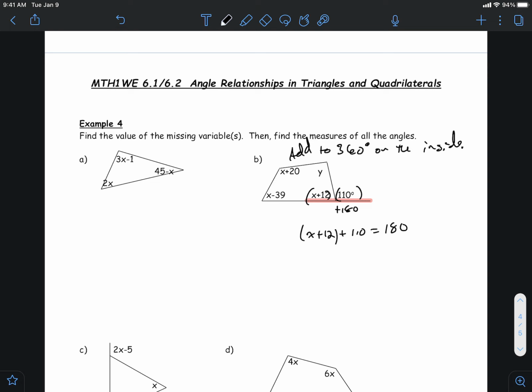Okay, so once you've established that, we don't necessarily need the brackets. I just put them there to separate things. Solve for X. You know how to do that. You could do this first if you wanted. Combine that and make it 122. Subtract 122 from both sides.